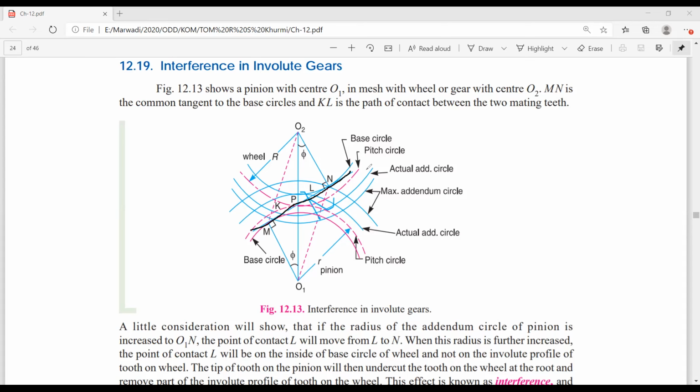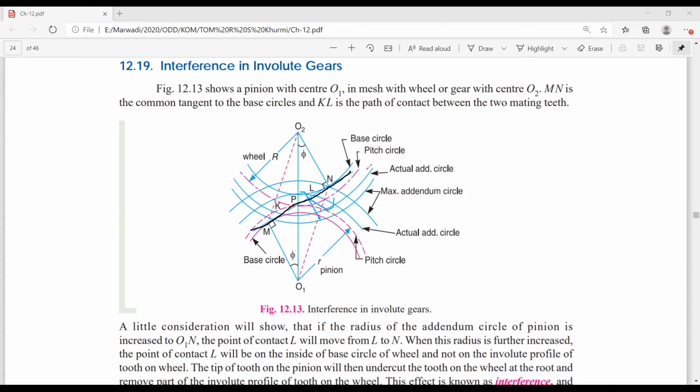So the condition is that the addendum circle must not cross the point of tangency.